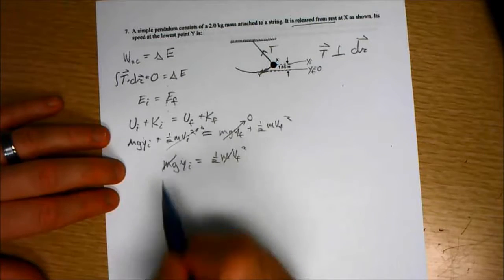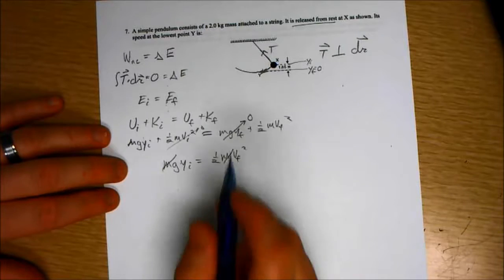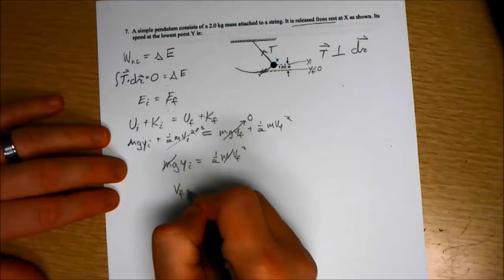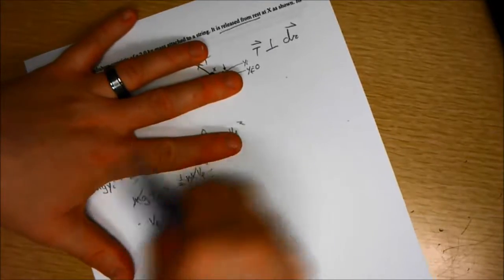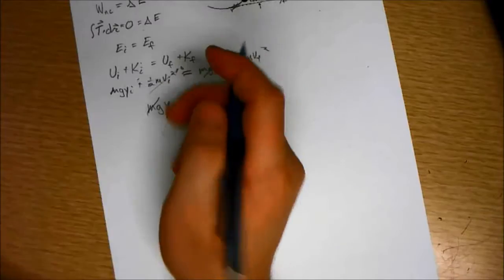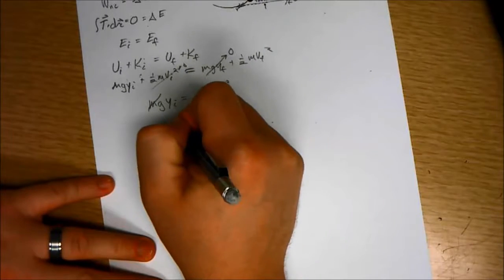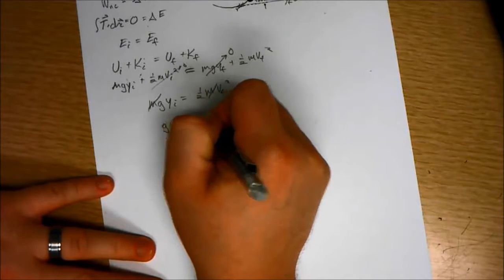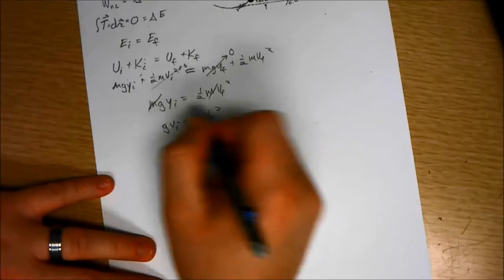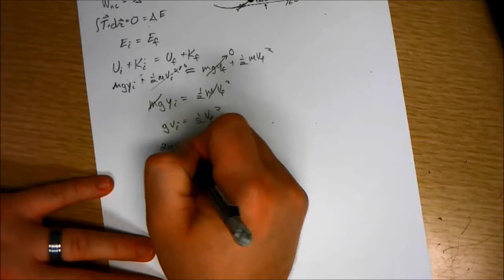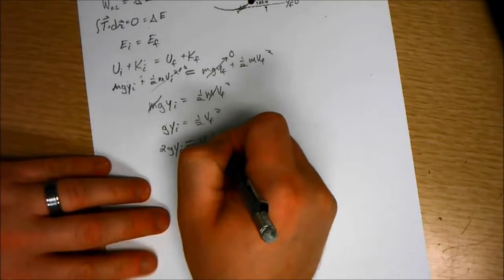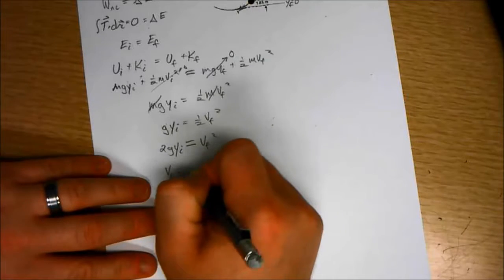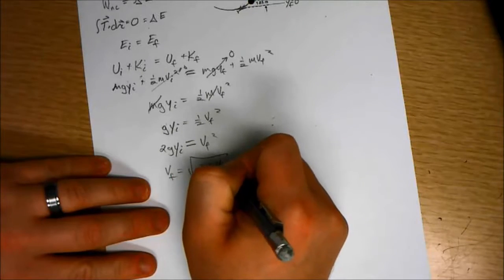There's an m on each side, so those cancel out. So v final equals the square root, well, do I have to show? Okay, I'll show all the algebra steps. So g y initial equals 1/2 v final squared, so multiply each side by 2. 2g y initial, excuse me, equals v final squared, so v final equals the square root of 2g y initial.